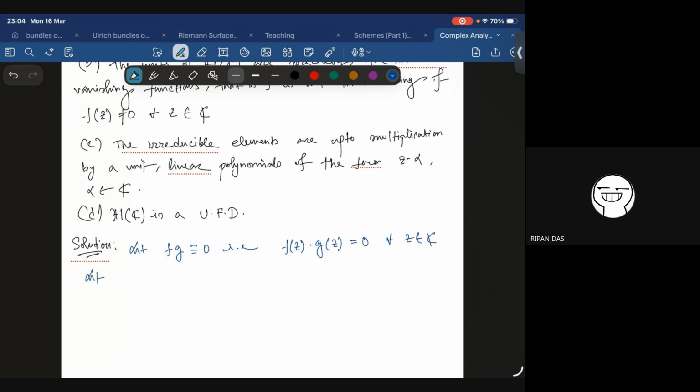Let Z(h) be defined this way: the set of all those a belongs to C such that h(a) is 0. So Z(h) means the zero set of h.